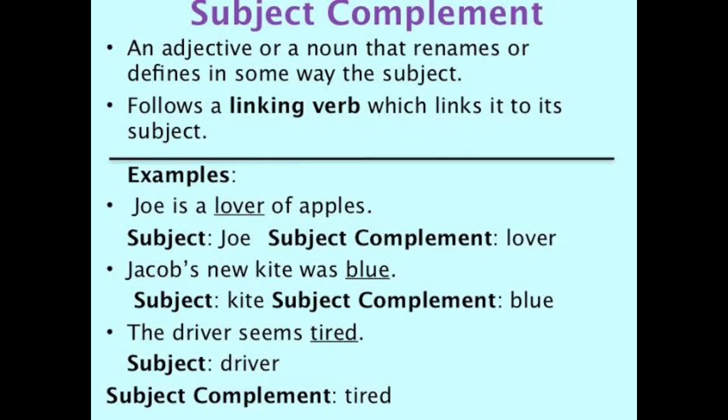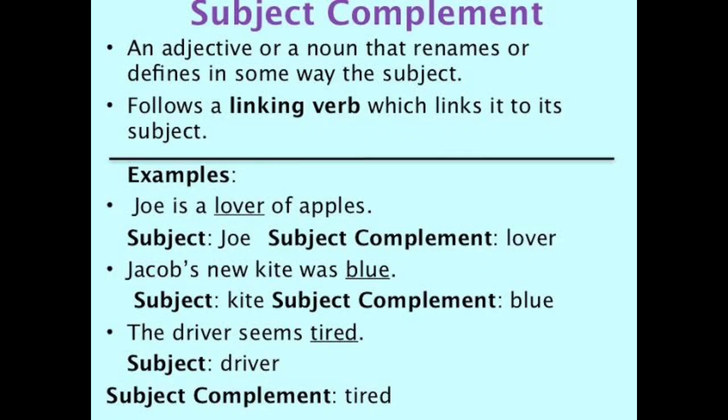Look at the next sentence. Joseph's new kite was blue. So here kite is the subject. The subject complement is blue. So here blue is the subject complement that describes the subject kite. So it is known as subject complement.